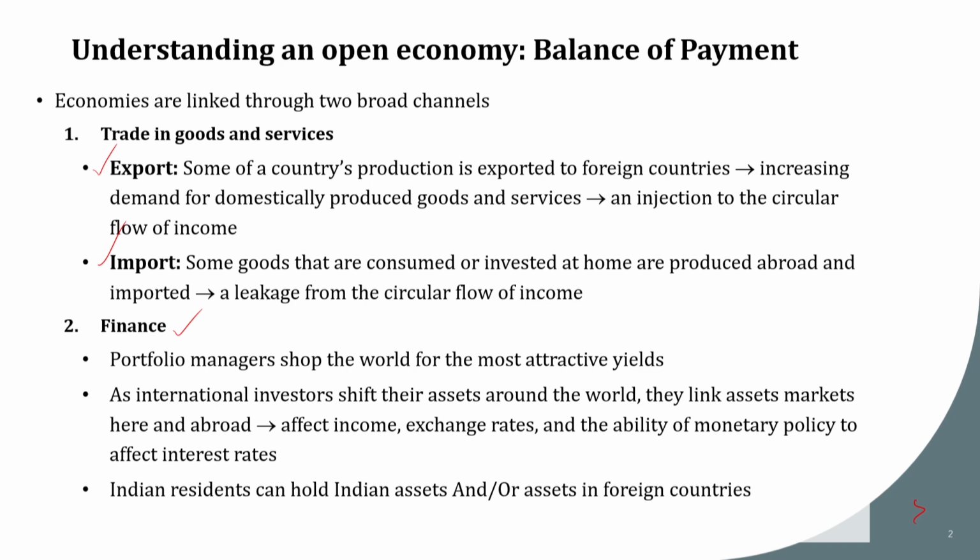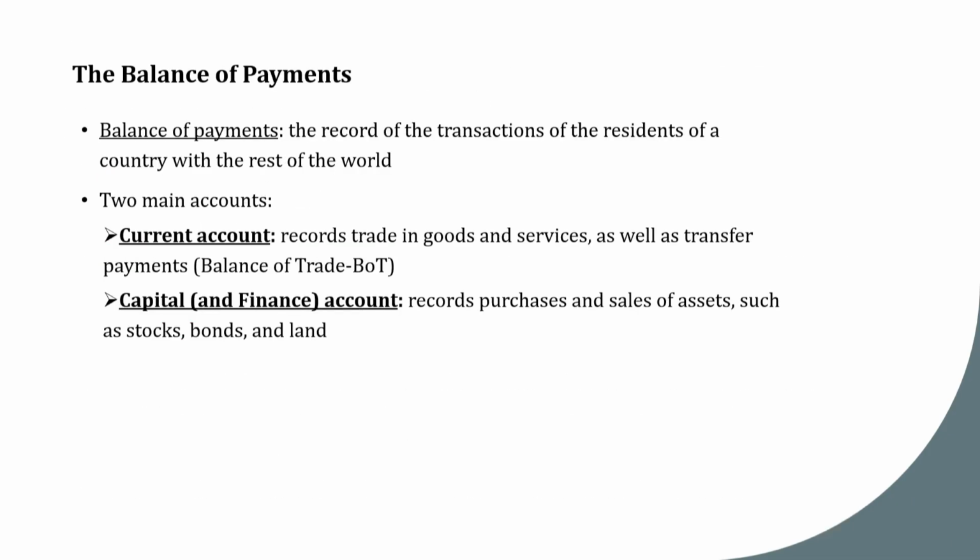So, Indian residents, for instance, can hold Indian assets or assets in foreign countries. These are the two routes through which a country is connected to the rest of the world. These links are captured through the balance of payments record.